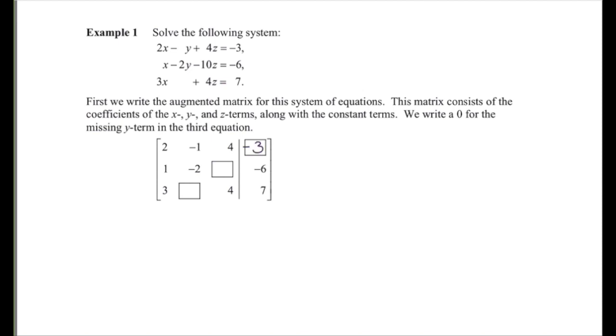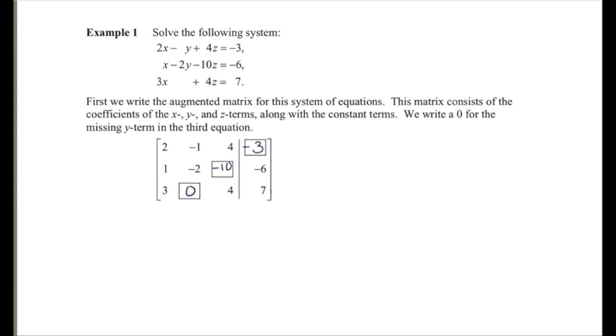With x minus 2y minus 10z is negative 6, we will have 1, negative 2, negative 10, and negative 6. 3x plus 4z is 7. We'll have 3, 0 y's, 4, and 7.